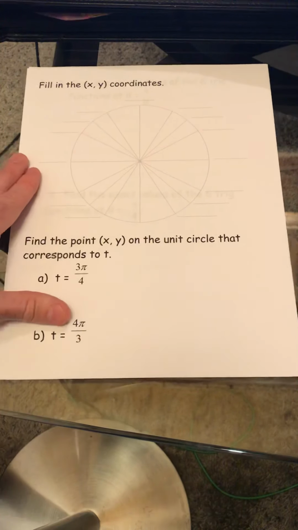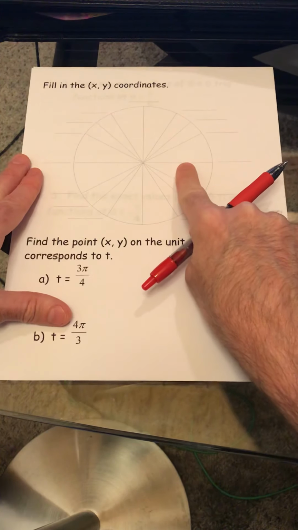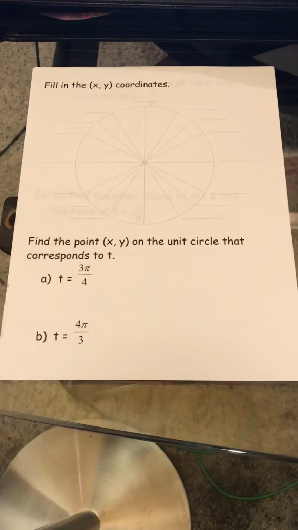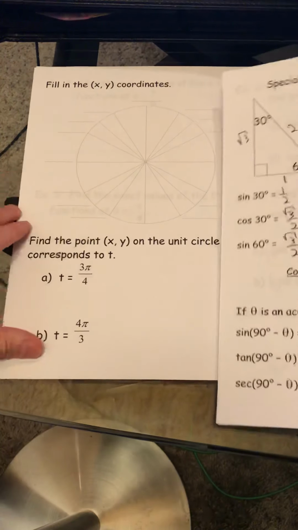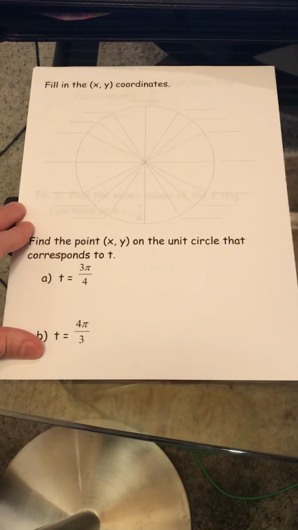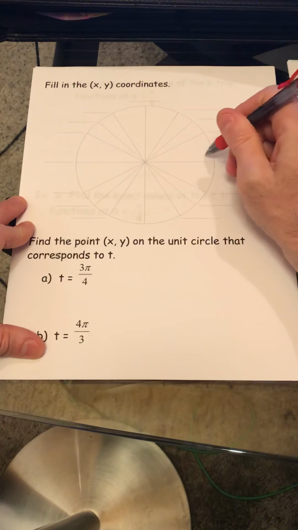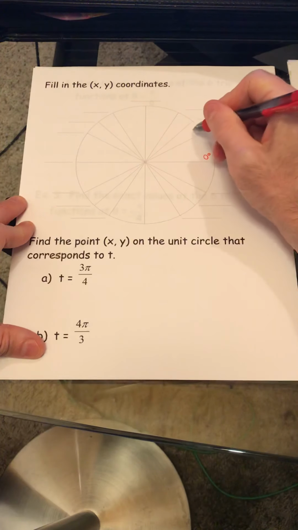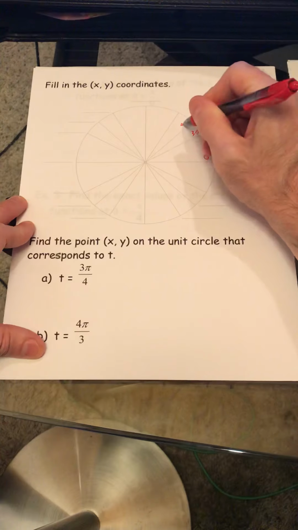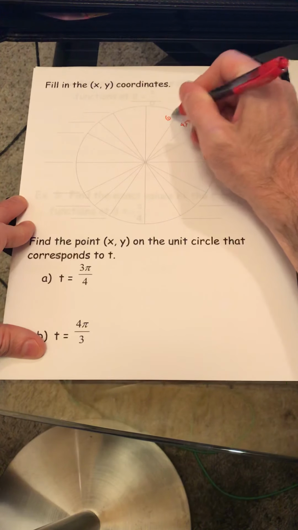So if we now go in and fill in the coordinates, and what I'm even going to do is go back and find the page in the notes that actually has all of these. But at 0 degrees, I'm just going to go around and quickly fill in all of the degrees.